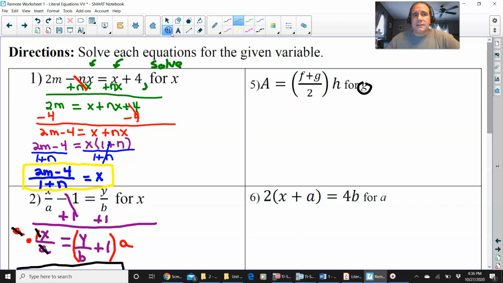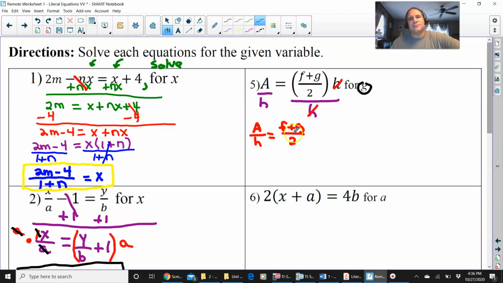So if you said divide by h, you are correct. Because I want this to cancel with this, and I just want that h out of there. So I'm going to rewrite a over h equals f plus g over 2. Now what?